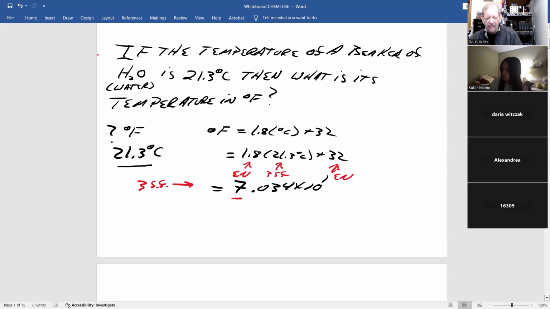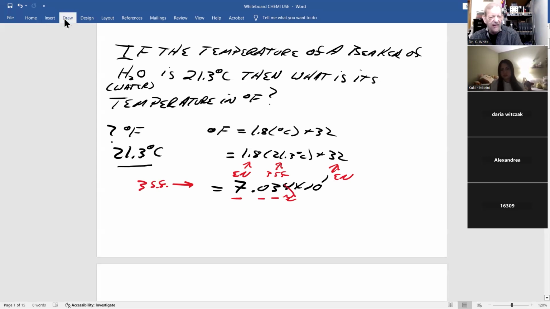Keep the 7, keep the 0, keep the 3. And the number to use to round off is 4. Is that 4 or less or 5 or higher? And it's 4 or less, obviously. And therefore, I drop this.